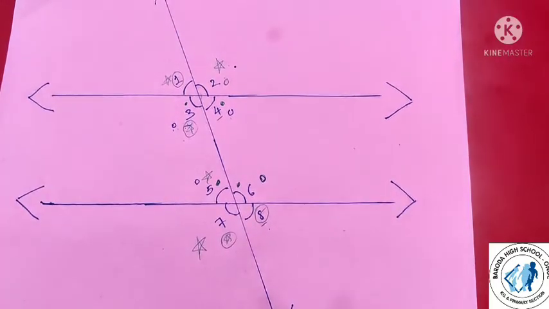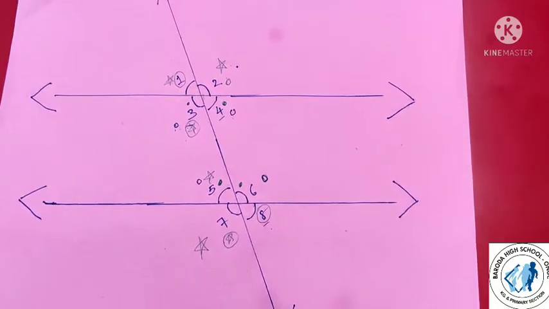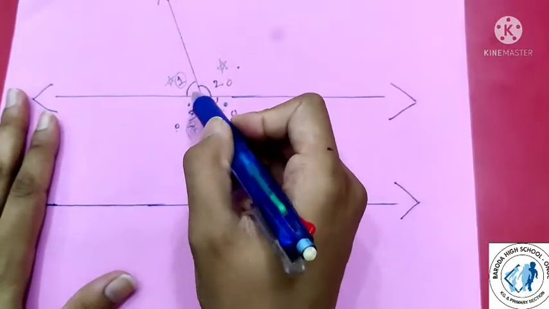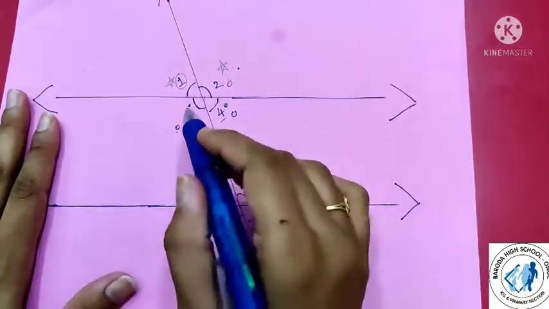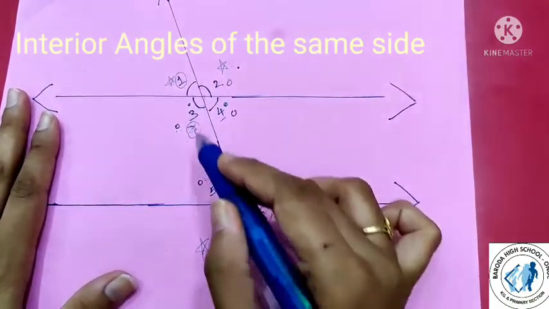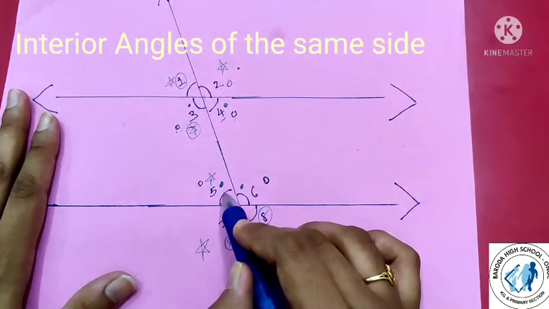Correct? Right. Last but not the least, the pair of interior angles on the same side of the transversal. That means interior angles on the same side of the transversal. So 3 and 5 are interior angles on the same side of the transversal.